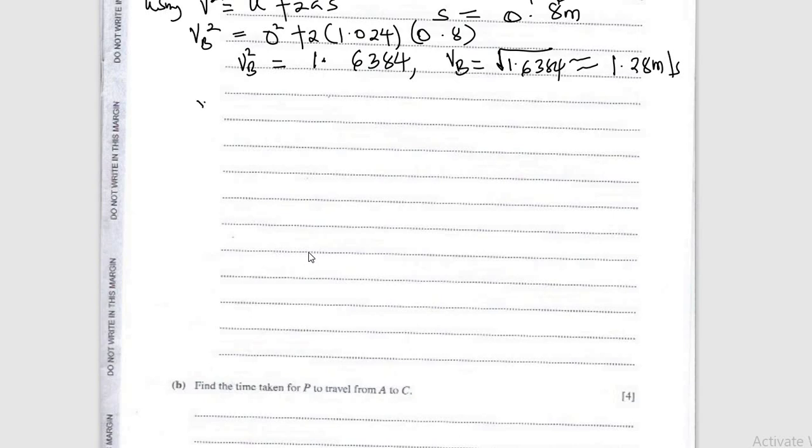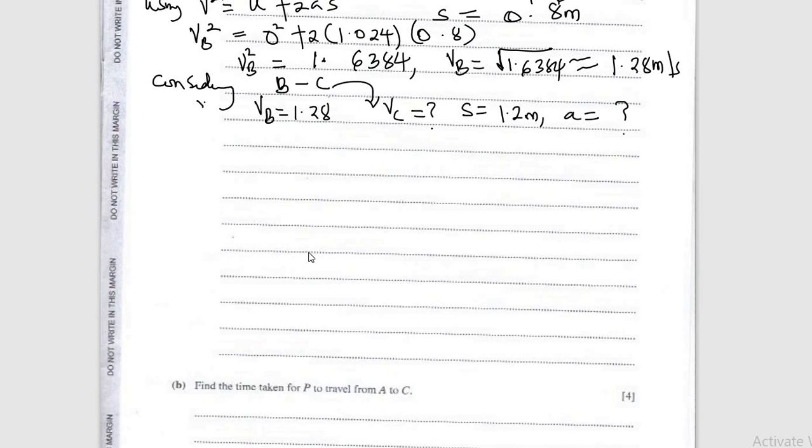Considering section B to C, I have the velocity at B now to be 1.28, but I don't have the velocity at C. It's unknown. The distance between that region, I think, is 1.2 meter, but the acceleration is unknown.